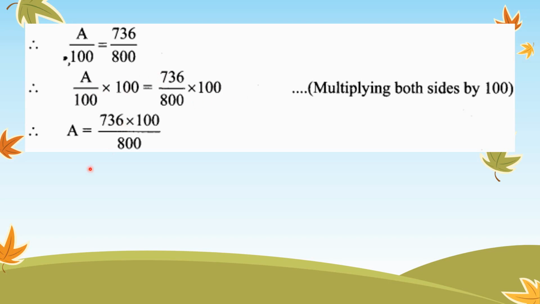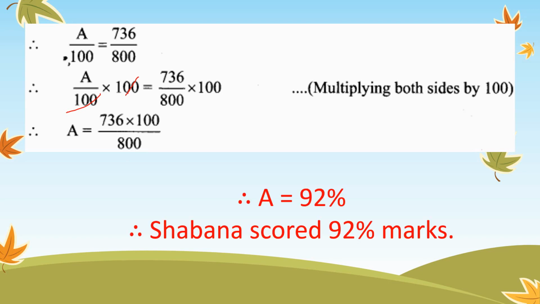So when you solve, you will get A is equal to 736 multiplied by 100 upon 800. This 100 and this 100 will get cancelled. So A is equal to 92%. Therefore, Shabana scored 92% marks in her examination.